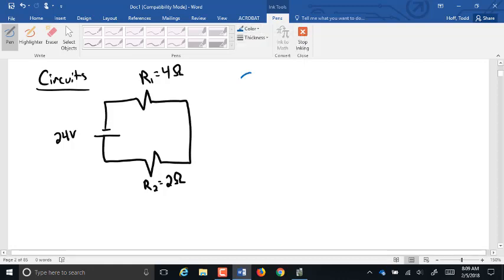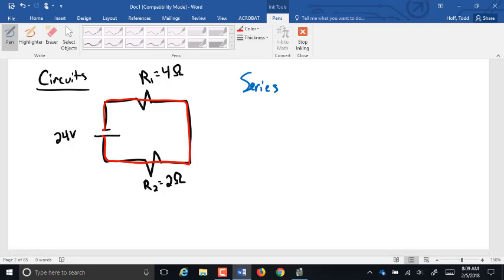In a series circuit, how do I know it's a series circuit? Because if you start at the voltage source and you go around the circuit, there's only one possible path, and that path takes you through both resistors. So it's a series.